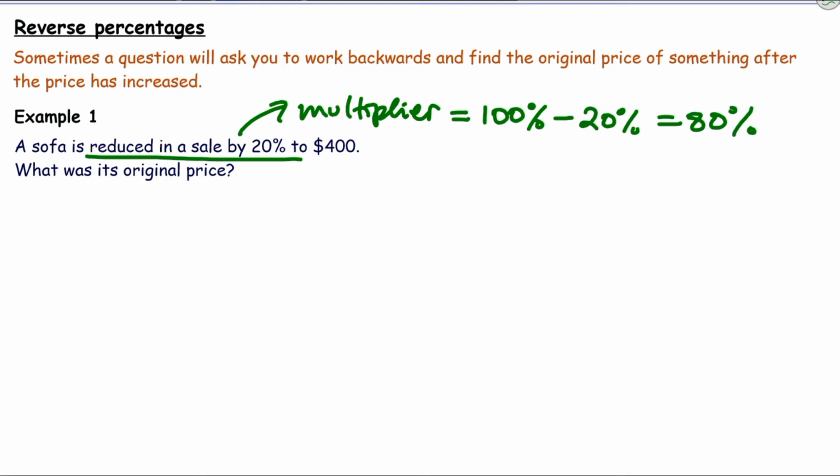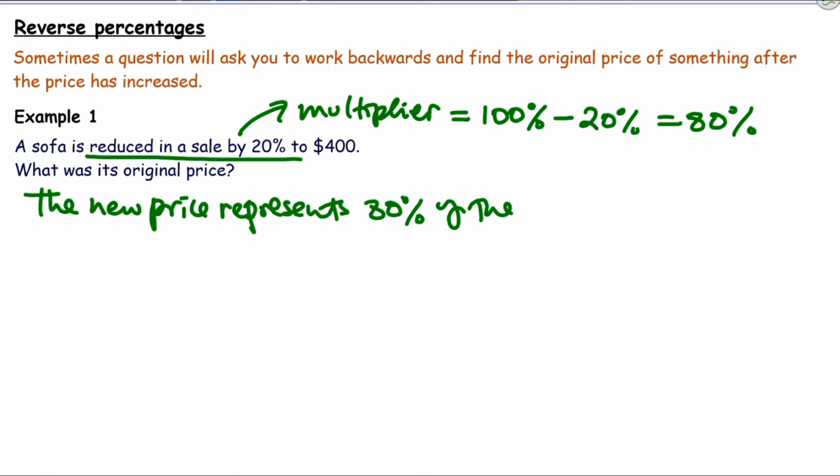What does this mean? It means that the new price represents 80% of the original price.